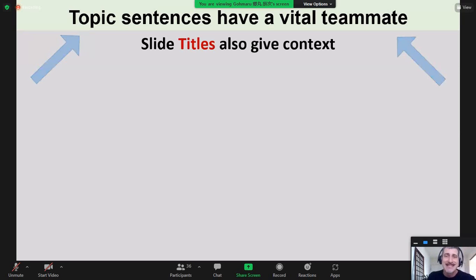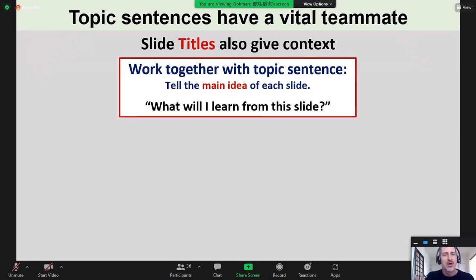So the slide title works together with the topic sentence to provide context. And it has to be shorter, right? It has to fit in this little line at the top. So we usually just include a very short version or keywords only, but it should answer the question, what will I learn from this slide?